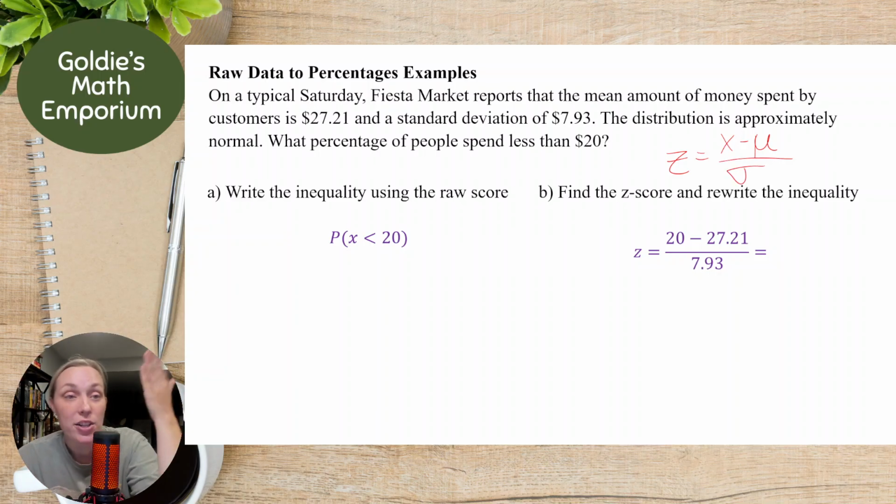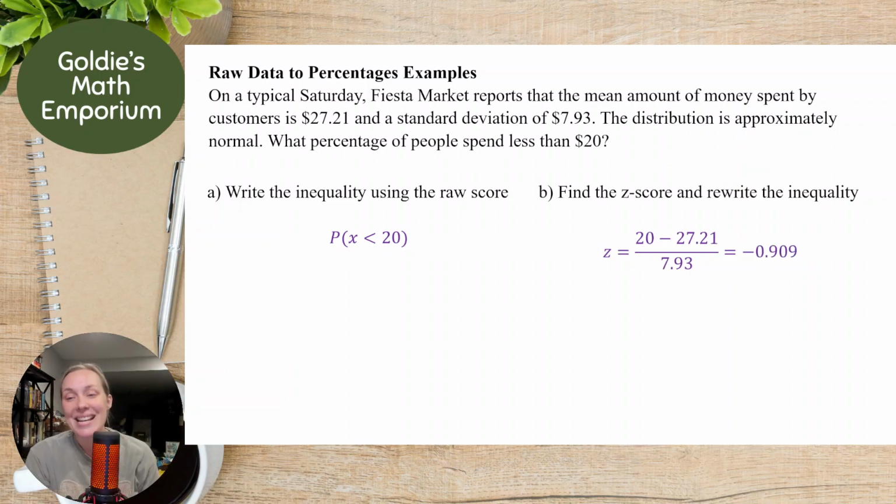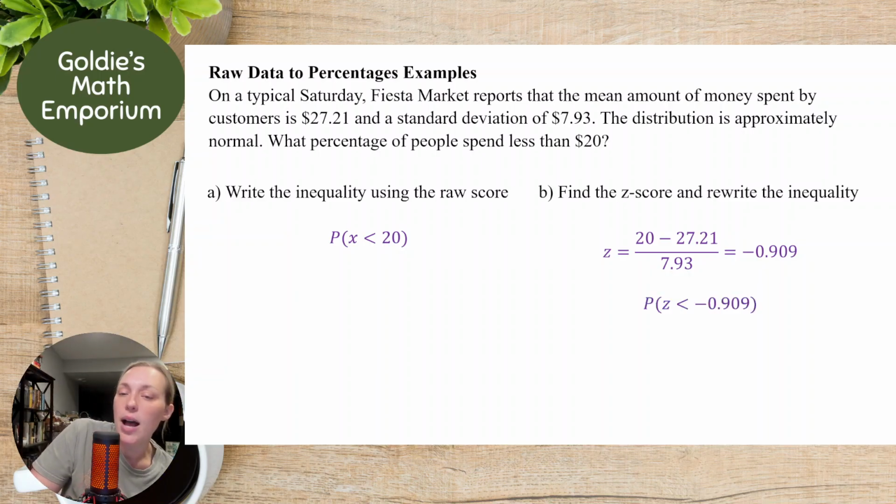We subtract our mean of 27.21 and divide by our standard deviation of 7.93. We do that and we get negative 0.909. Usually with z-scores we want to keep to 2 or 3 decimal places at most. Then from there we rewrite the inequality.